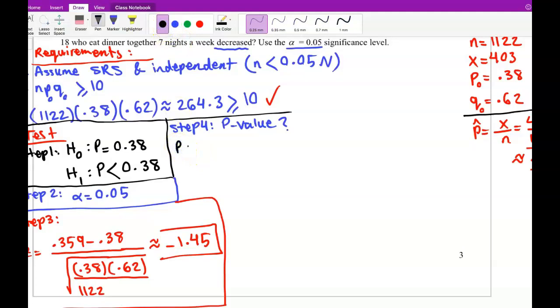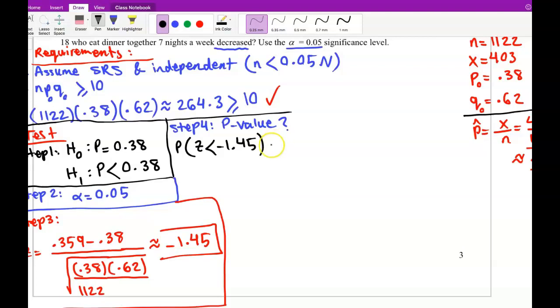What that means is find the probability when z is less than negative 1.45. So this is from step 3. Using the table, the answer is 0.0735.